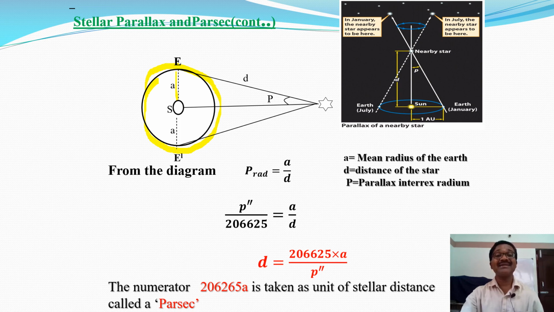After 6 months, when you come here, again focus on the same star with relative positions. From the diagram, P is the angle, that means parallax. By the trigonometric ratio, we can write a, the mean radius of the Earth's orbit, upon d.